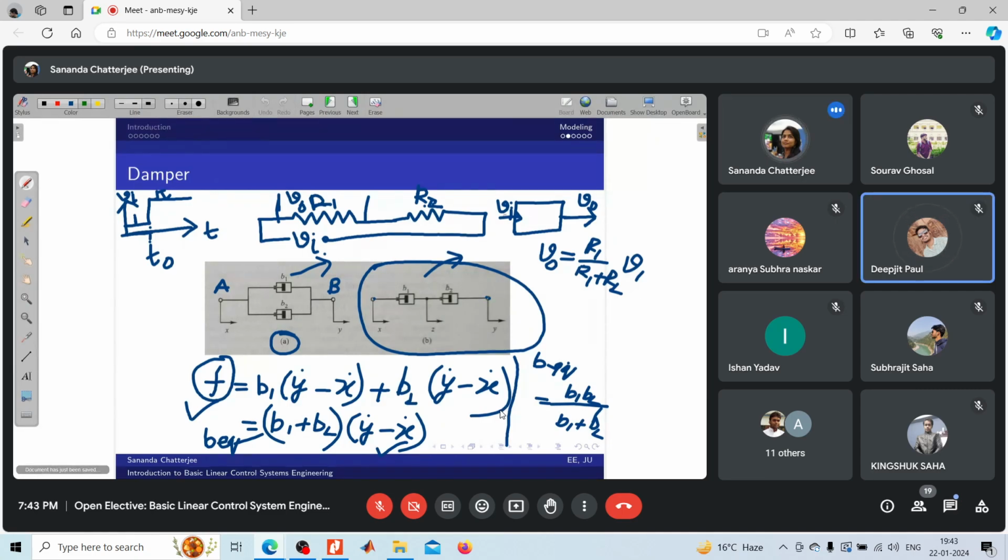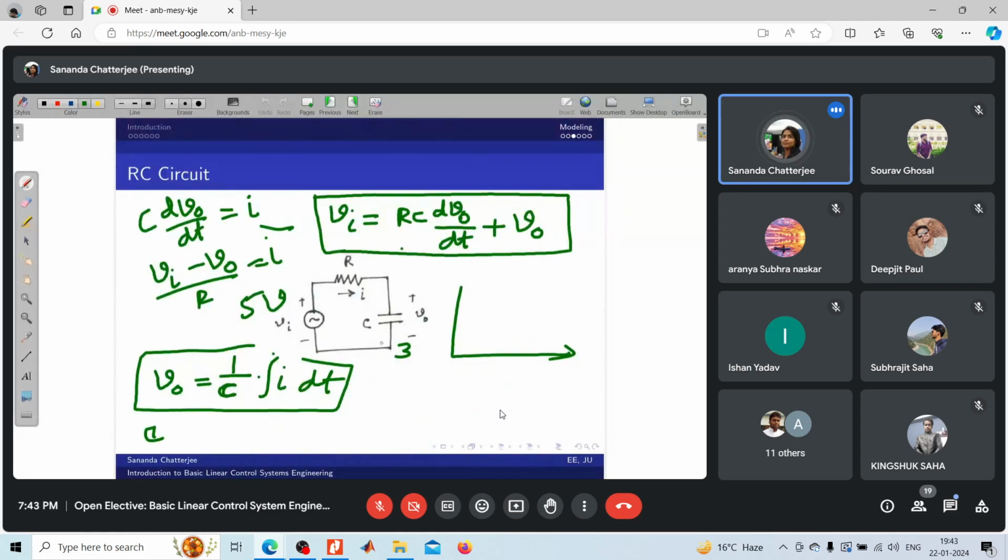So this type of system, where we can relate the input and output using differential equations, and by differential equation I mean integro-differential equations.